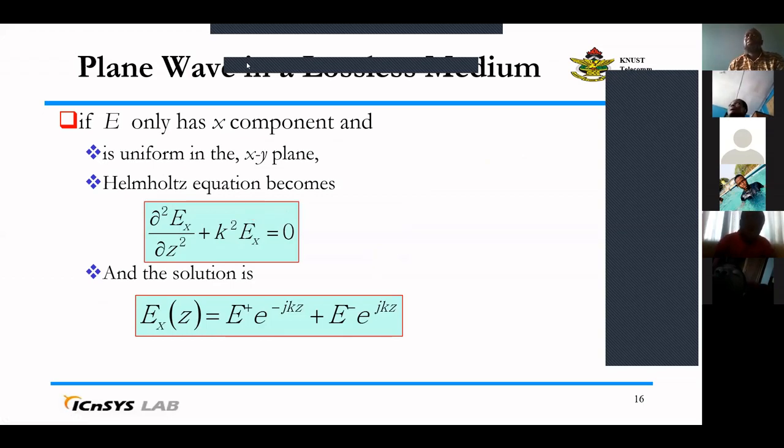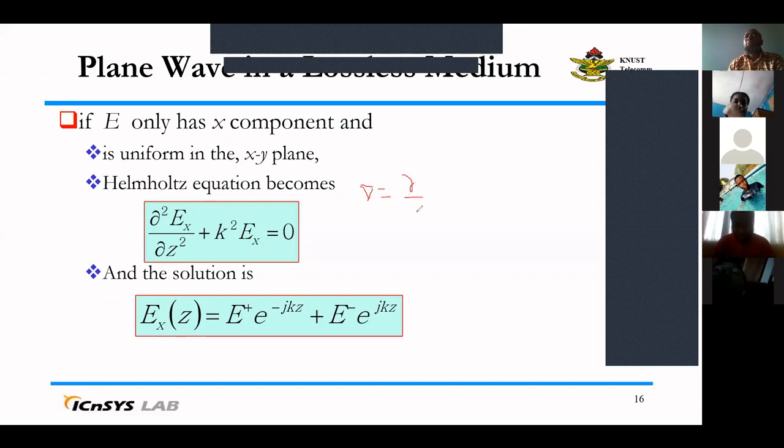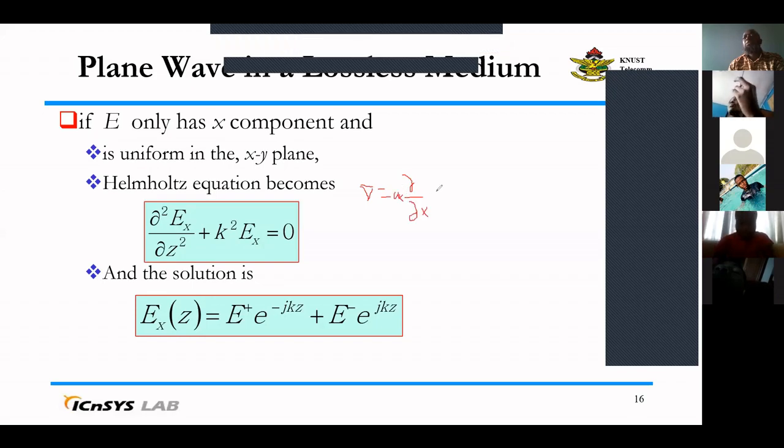So what is the expression for del? Del equals what? Del x, so this is ax, plus ay, that is in rectangular coordinates, del y, plus az del z.